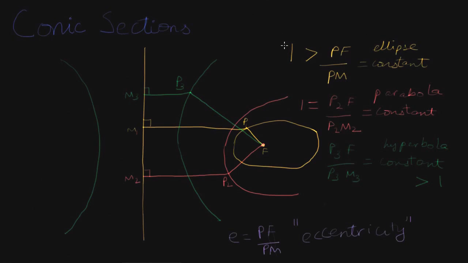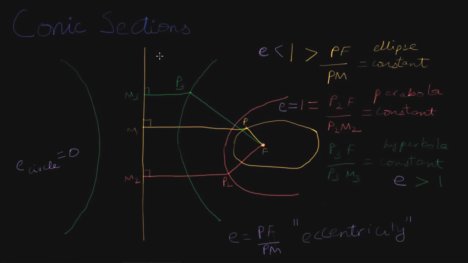Now I can do this. For the ellipse, the eccentricity is less than 1. For the parabola, the eccentricity equals 1. And for the hyperbola, the eccentricity is greater than 1. For the circle, the eccentricity is 0. Another special case that I would like to take is the case of the directrix.